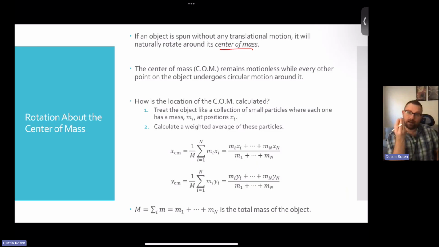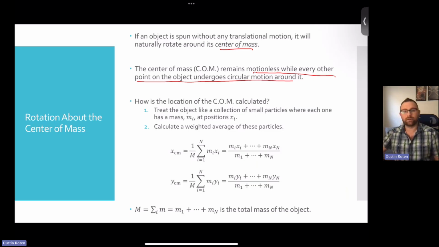It itself is rotating, but it has no length, no distance like an arm of rotation. It's just sitting right in the middle of the object. So it remains motionless while every other point on the object undergoes circular motion around it.